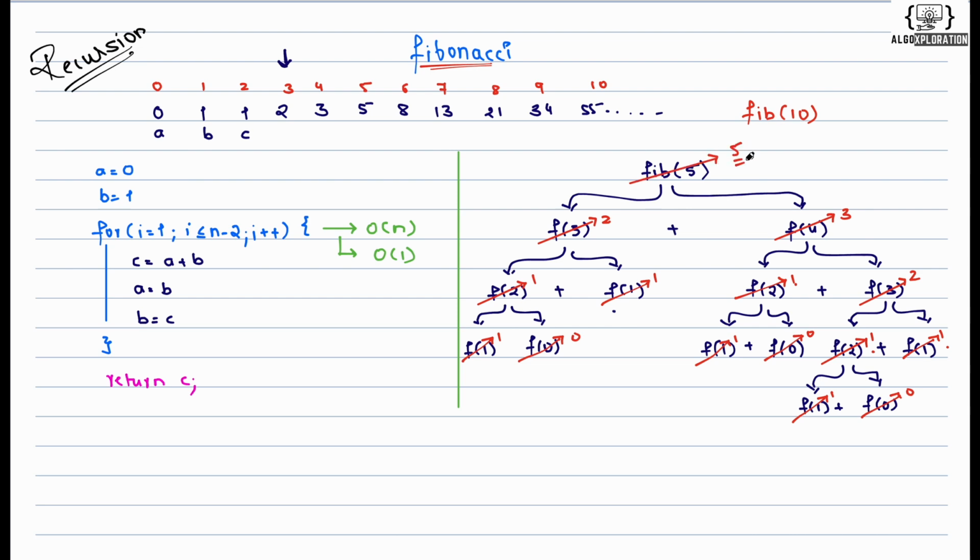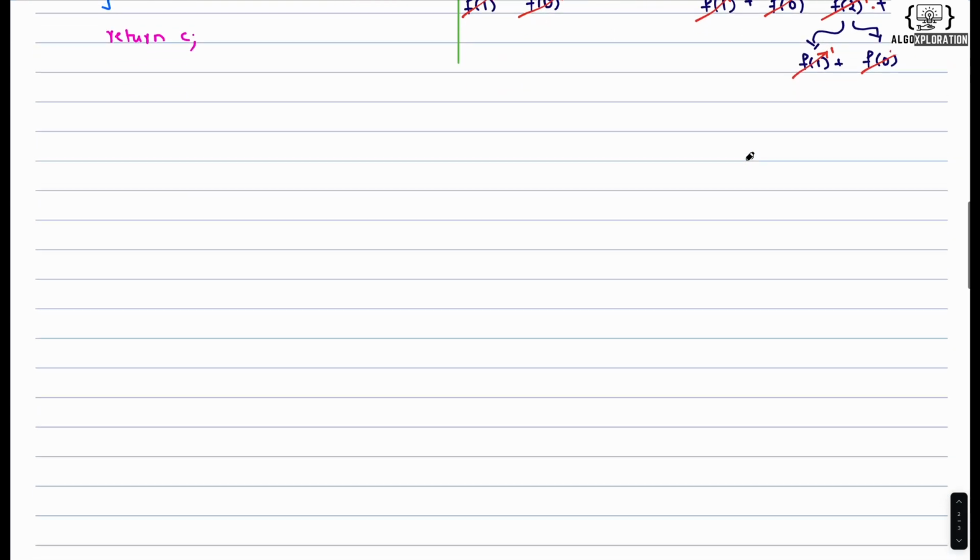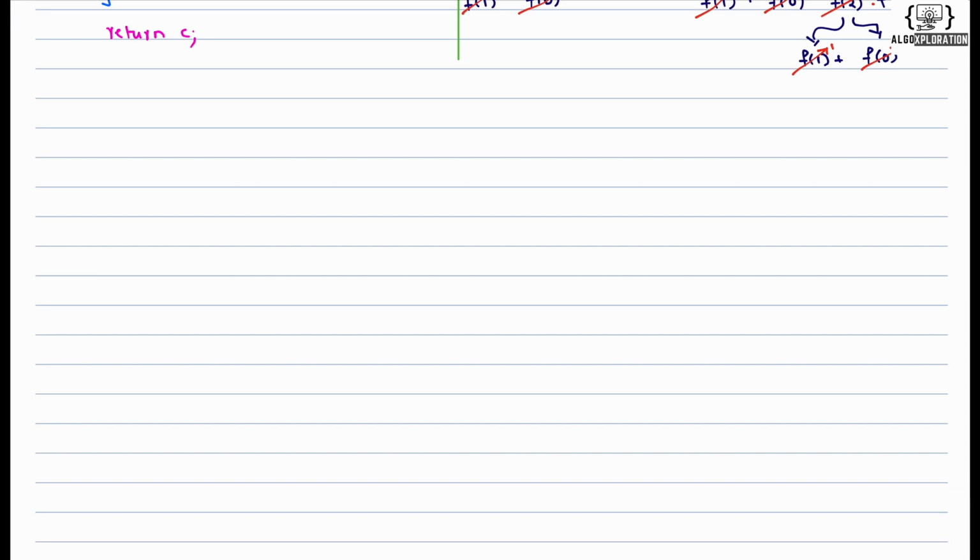So using this pattern, we are going to design the algorithm. It will be pretty simple. int fib of n. Here in this case, I hope you know what the base condition might be.